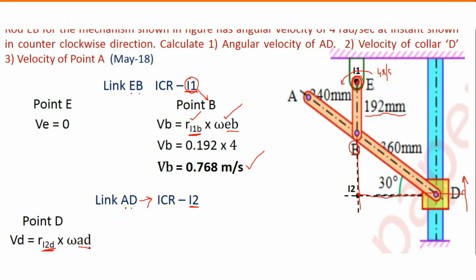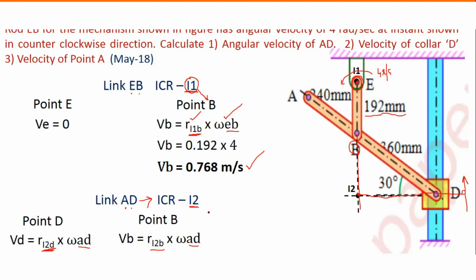Then on this same link AD, there is also a point B here. So I will write that also: VB = R(I2B) × omega AD. The distance will be from I2 to B, and as it is on link AD, I will write omega AD.